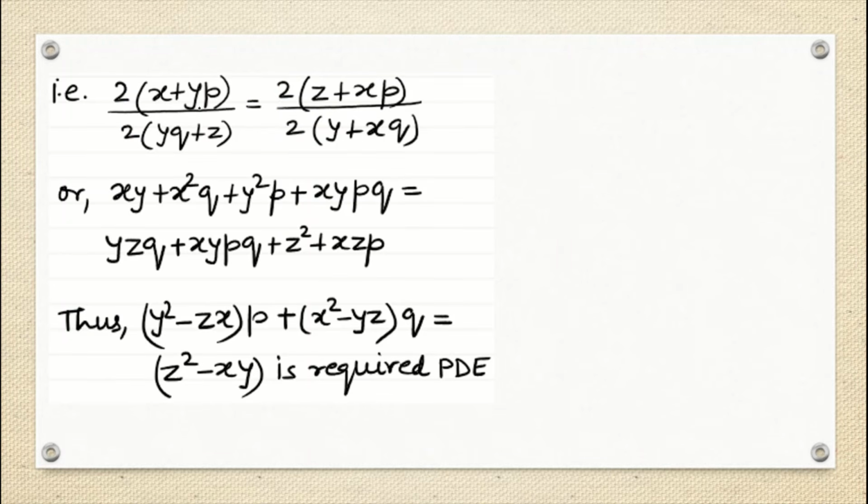So x plus yp into y plus xq, and similarly the right hand side will be yq plus z into z plus xp, because these two we have cancelled. Then we just rearrange it: whatever terms have p we take aside, whatever terms have q we take aside, and the terms without p and q as well. So this is our required partial differential equation.